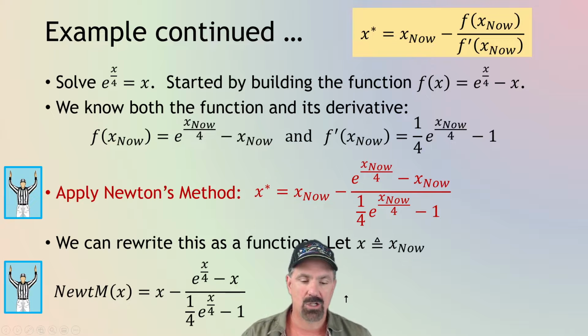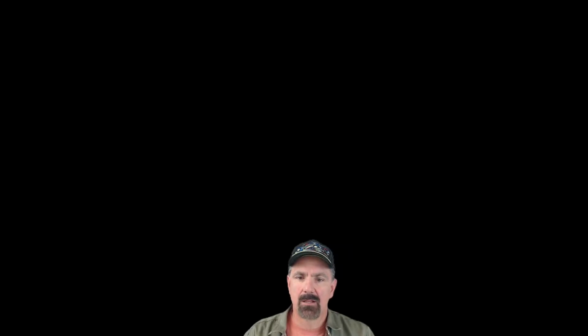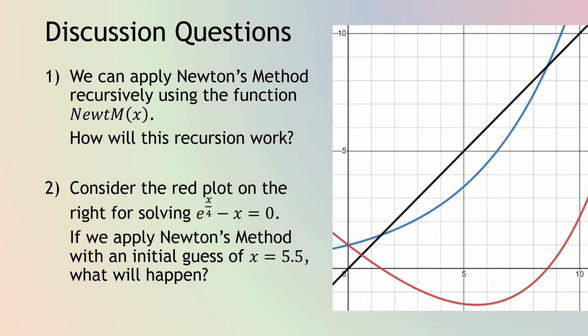There are a couple of discussion questions which you're going to need to be prepared to address. The two questions have to do with recursively using this function that we have created from Newton's method. How exactly is that going to work? And then the other one is, what happens?